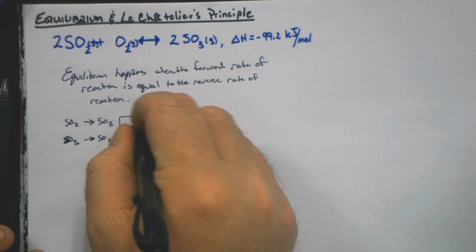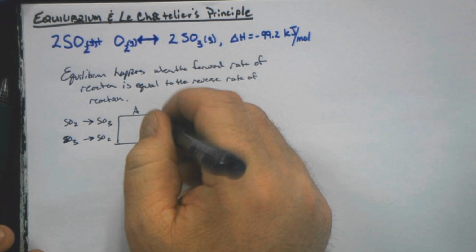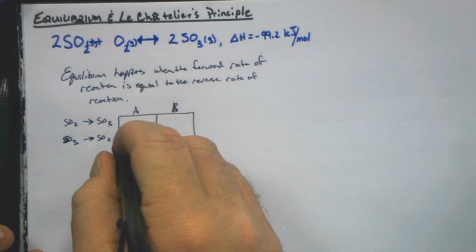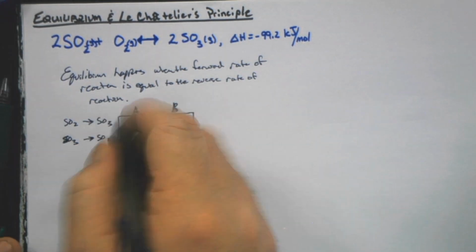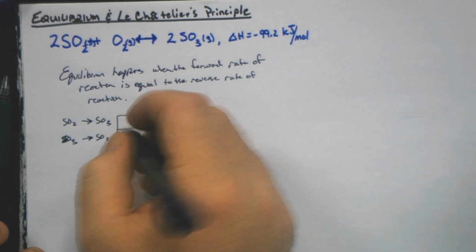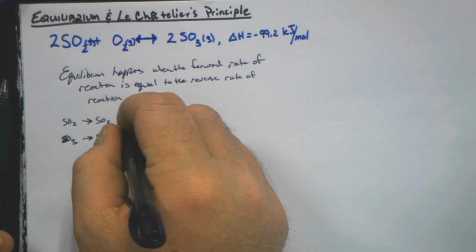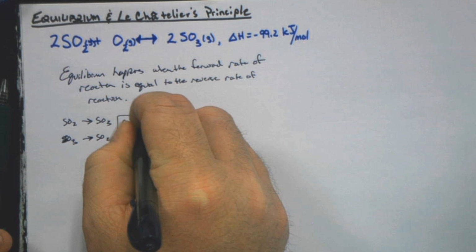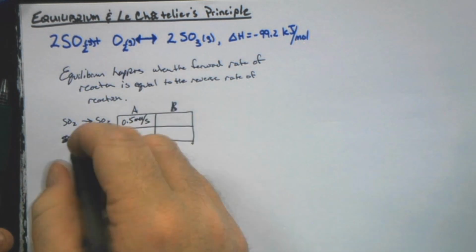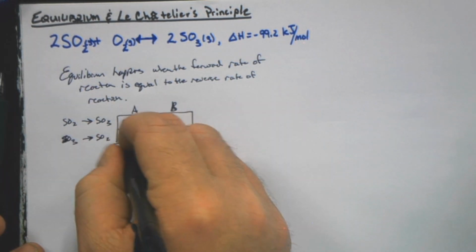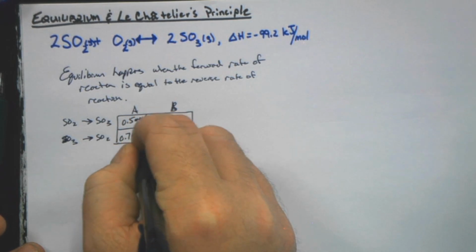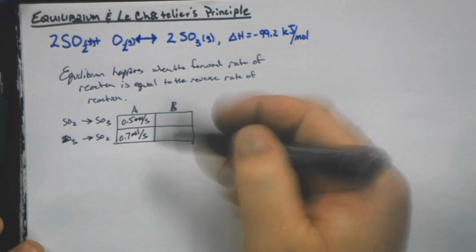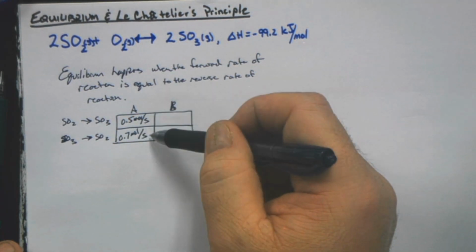We have situation A and situation B. In situation A, we are creating SO3 at 0.5 moles per second, and the SO3 is creating 0.7 moles per second of SO2. Is this at equilibrium?